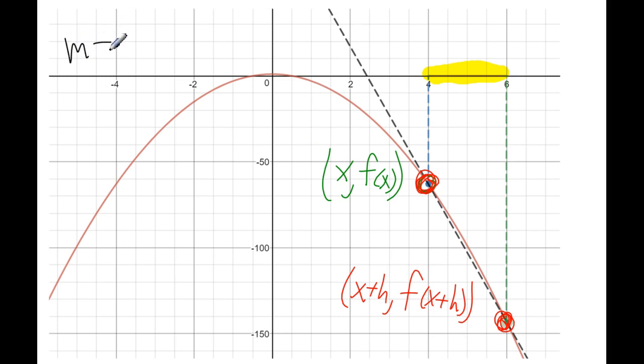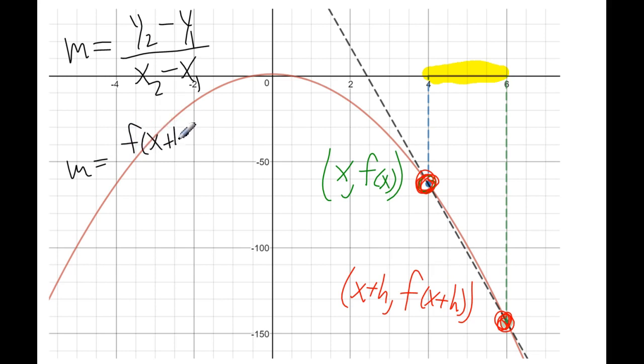So the slope, remember, that's y2 minus y1 over x2 minus x1. Well, what's y2 and y1 here? y2 is this f of x plus h, minus y1, which is f of x. x2 minus x1 is x plus h minus x.